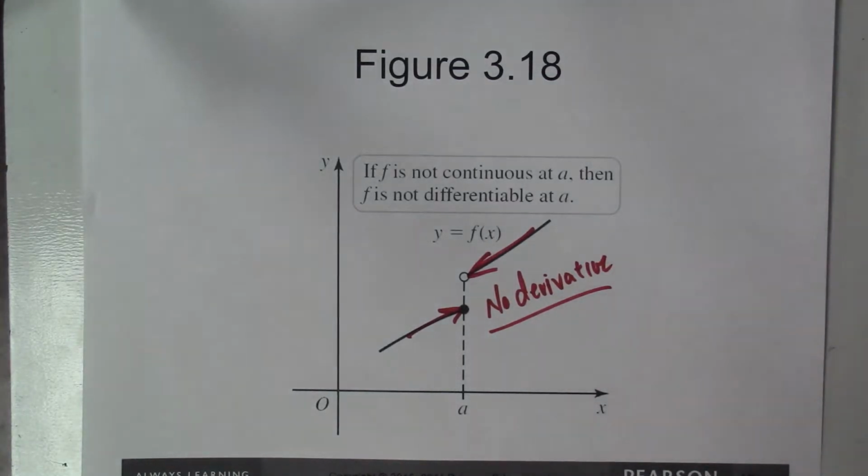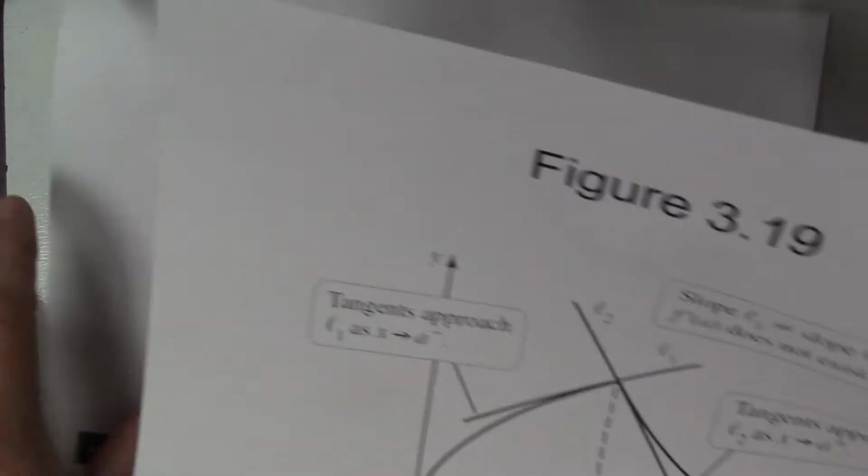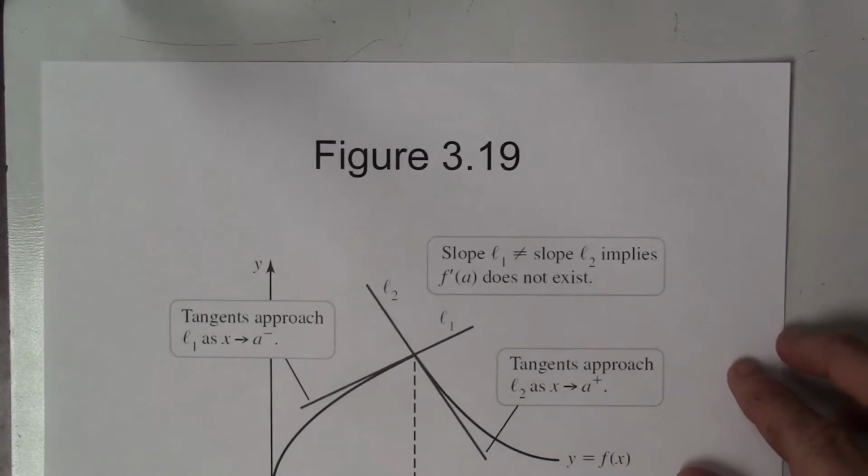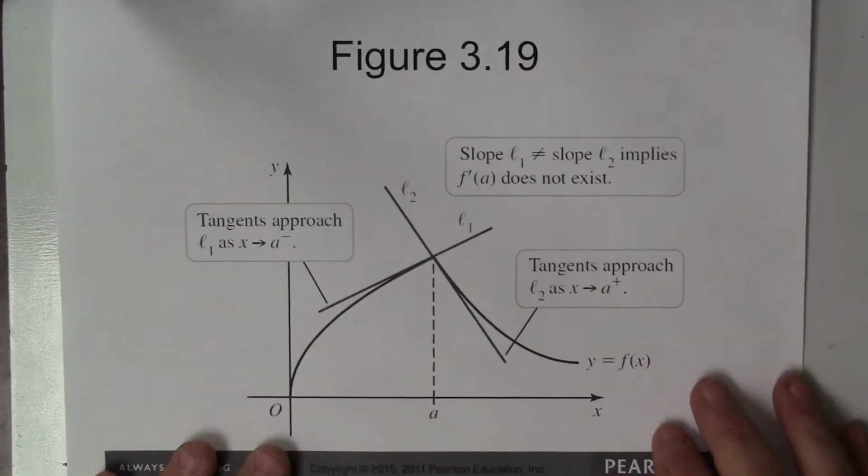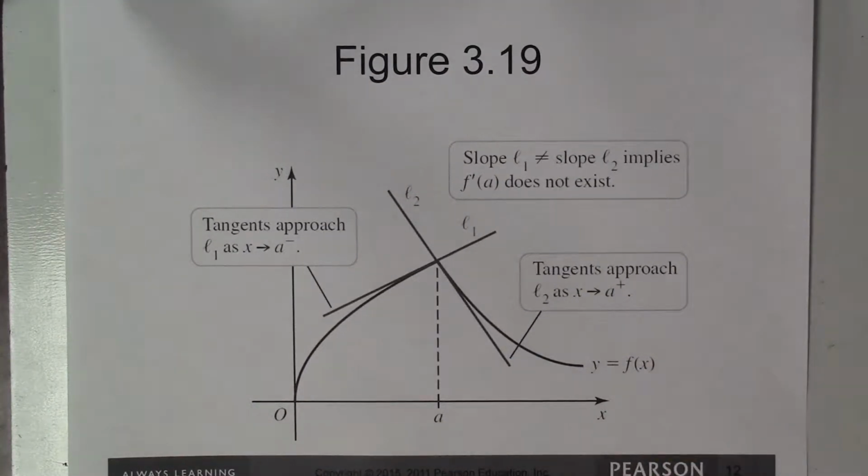Now, Mr. Garwood, you talked about the idea of a corner, and I frankly have no idea what you're talking about. So here we go. Let's talk about what is going on with this idea of a corner. I'm looking at figure 3.19, which is found in your book on page 119.